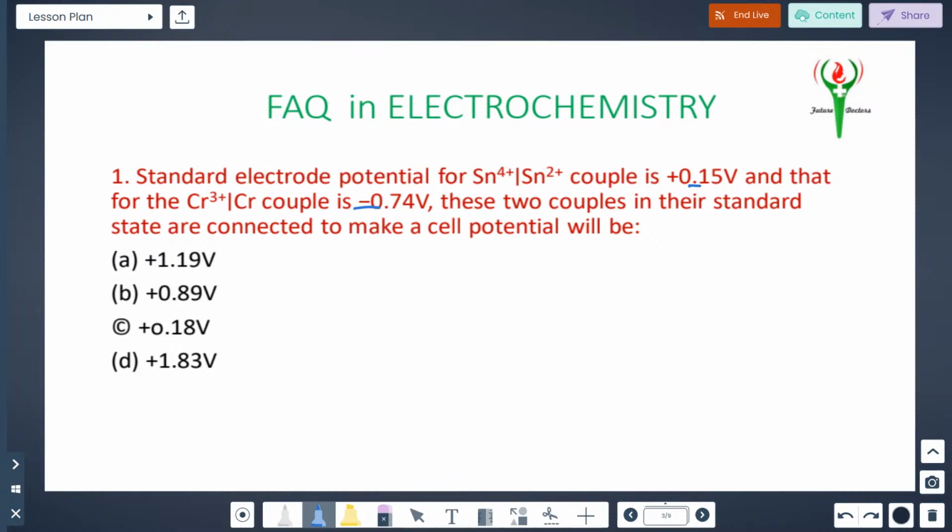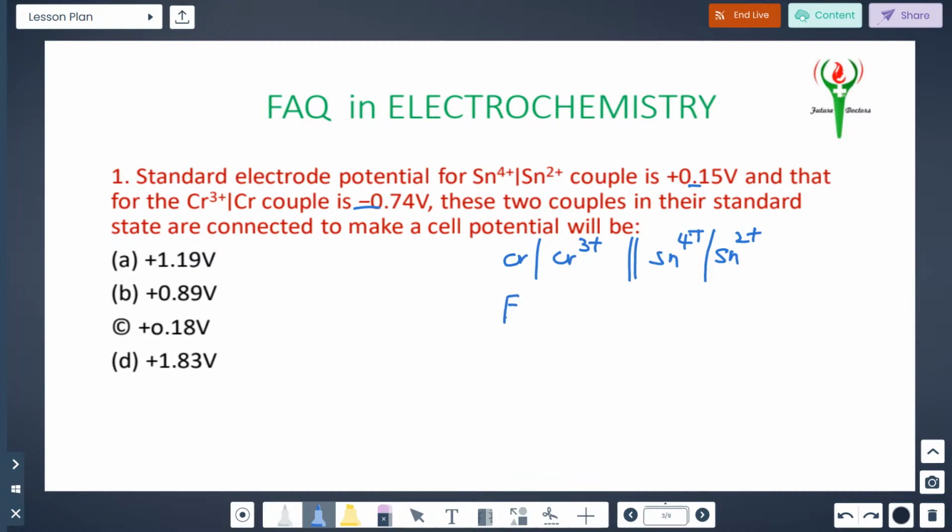Now I am going to write the cell diagram. See, Cr, Cr3 plus, salt bridge, tin 4 plus, tin 2 plus. Understood? Okay. So now we should write the value for that.